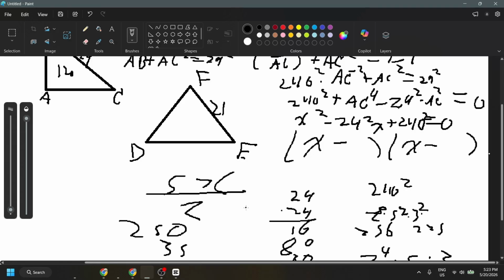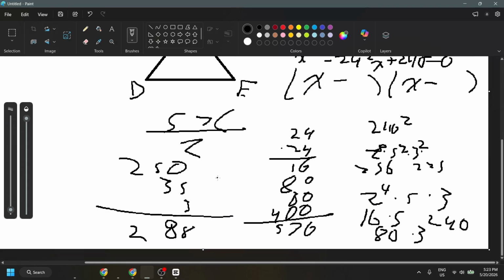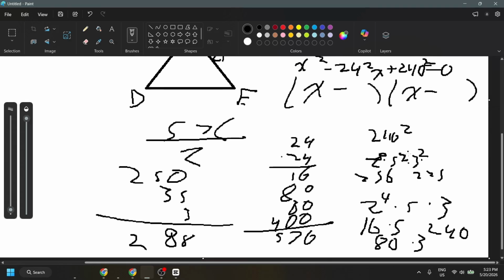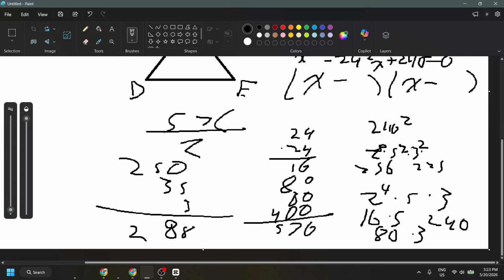Maybe I miscalculated 24 squared. No, I didn't. Is this truly correct? So it's 24 times 10. 24 is 5 times 2 times 3 times 8. So, yeah, that seems correct.